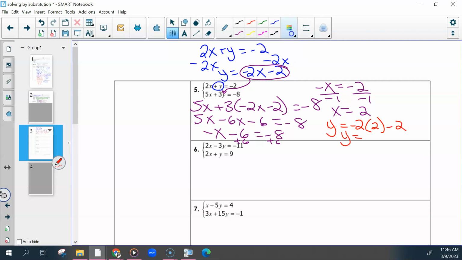So then what would your y value be? If we multiply those two and subtract 2, what would we get for y?